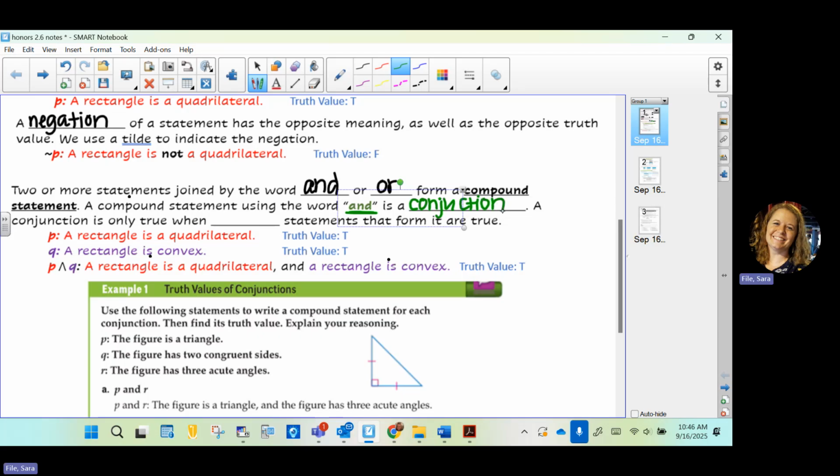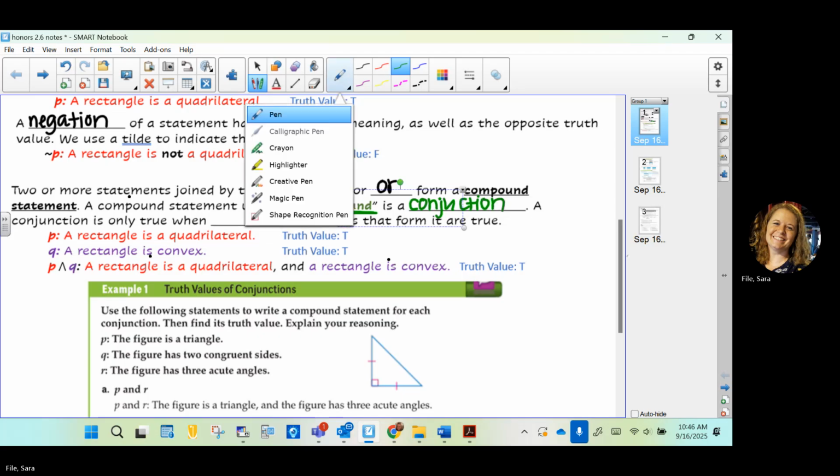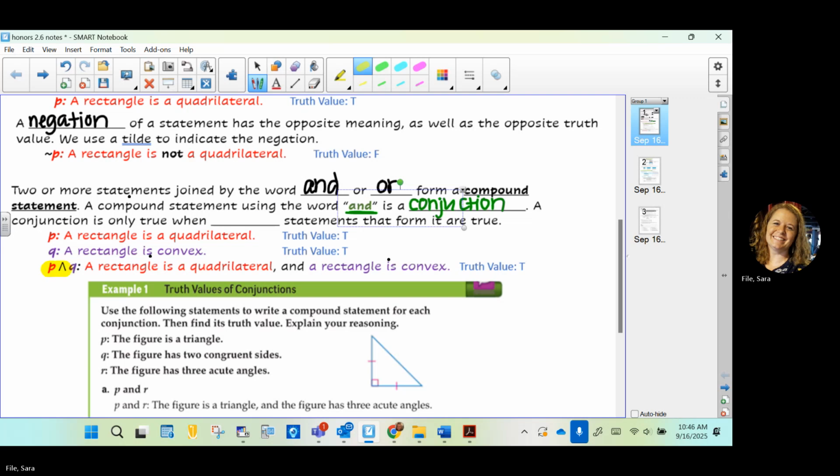And the symbol for that is down here. That is read as P and Q. So and is a conjunction, and this is the symbol for it.